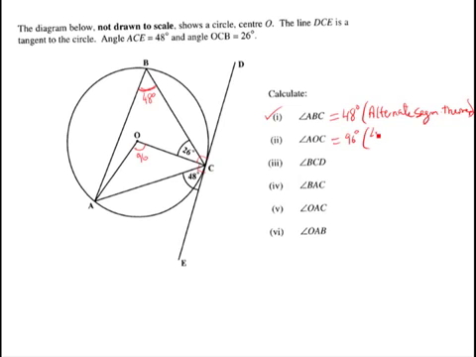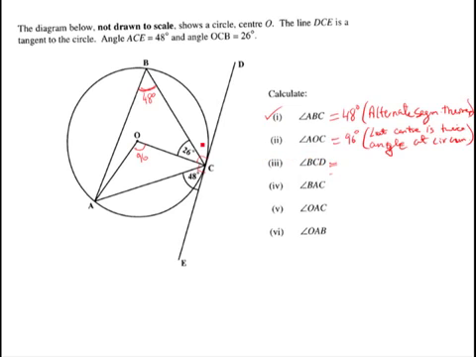Angle at center is twice angle at circumference. Forgive me on my writing, the instrument is kind of slippery. Okay, so angle AOC is twice the angle ABC. Angle at center, twice angle at circumference.